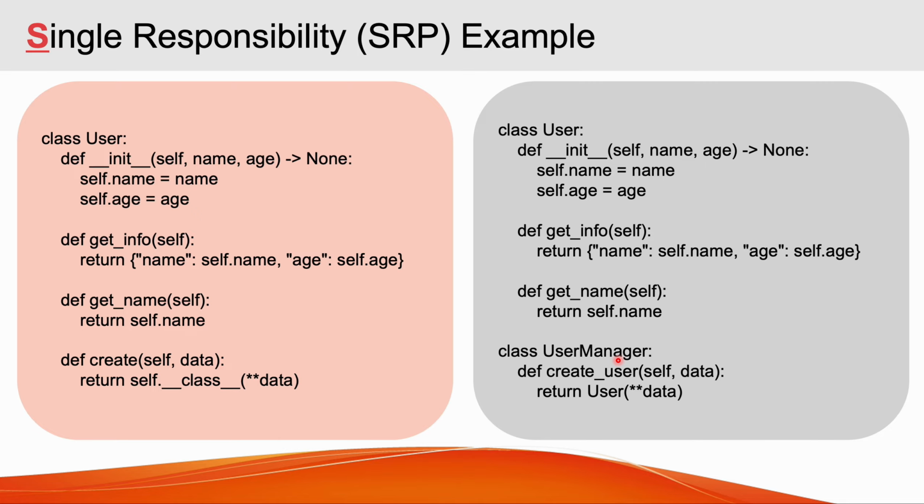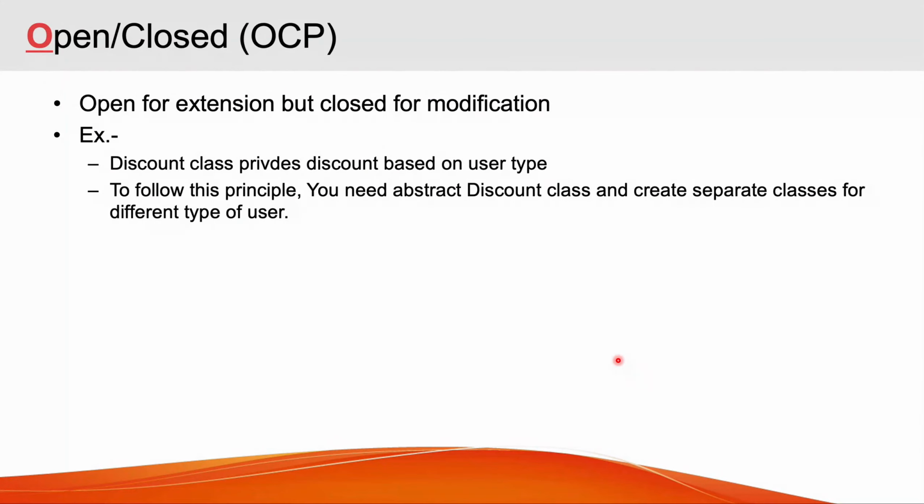Now let's talk about the second principle, the open closed principle. It states that your class should be open for extension but closed for modification. For example, a discount class provides a discount based on user type, when the user is a guest or normal user or VIP or VVIP, and according to that we want to give them a discount.